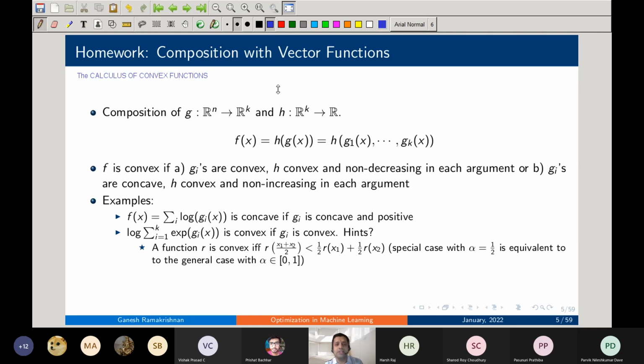We saw this in the last class that if f(x) is convex, and we are basically looking at x in a convex domain, then minus f(x) will be a concave function, and x continues remaining in a convex domain.